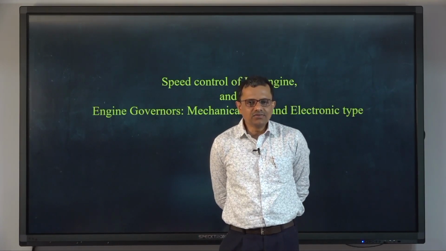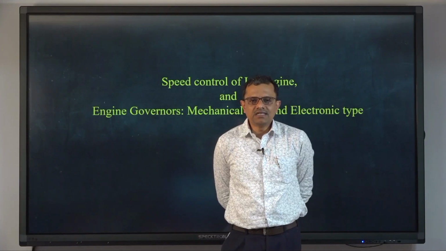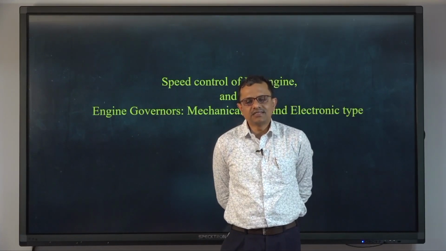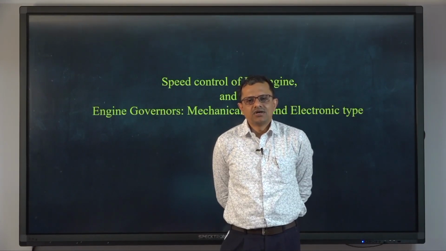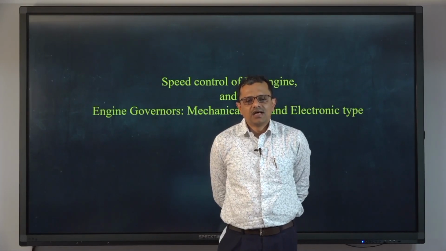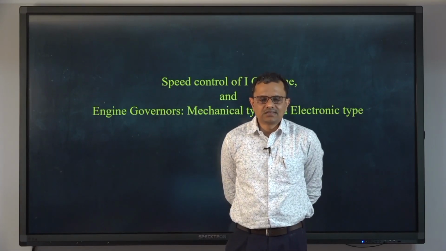As I told you, traditionally control of internal combustion engines has been based on sensing and monitoring some variables: engine speed, coolant temperature, exhaust gas oxygen concentration level, then fuel flow rate, all these.